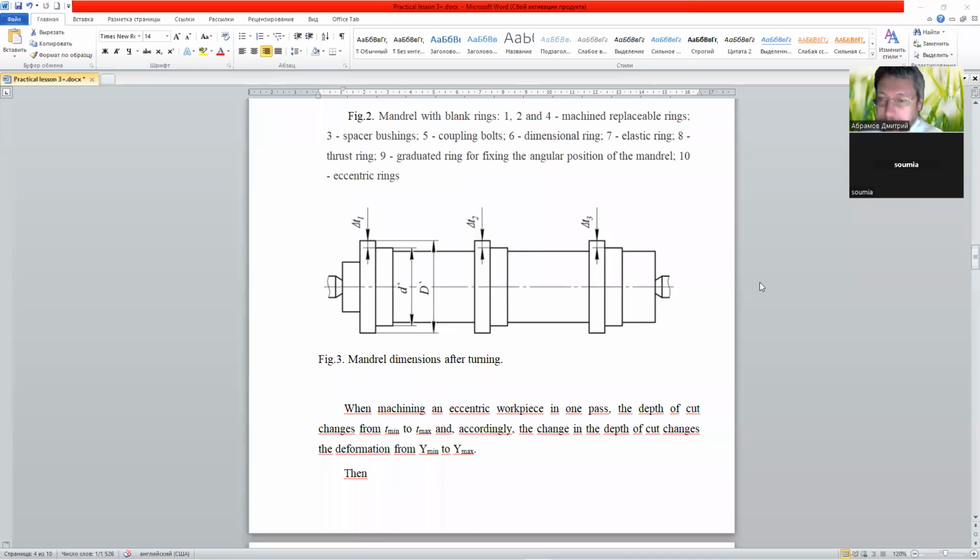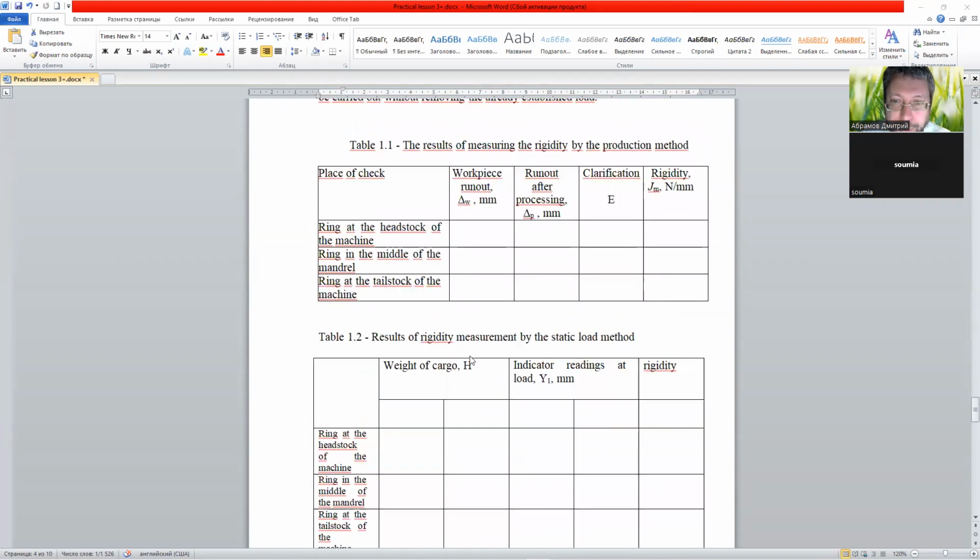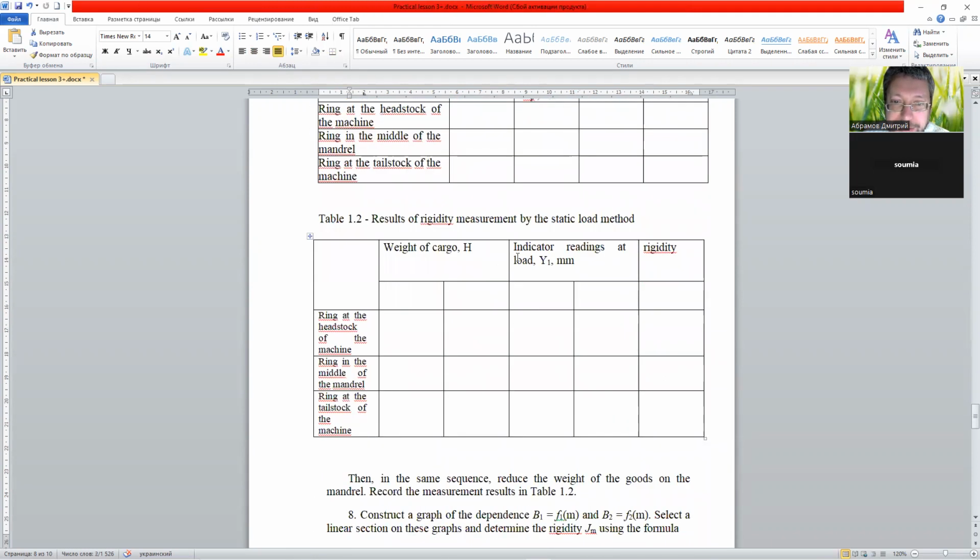Just a minute, I repeat one more time. You need to calculate the rigidity by 2 methods. The first method is the production method. The second method is the static load method.